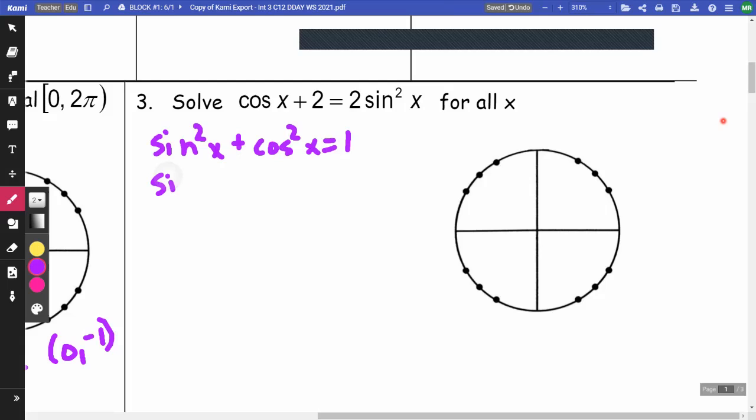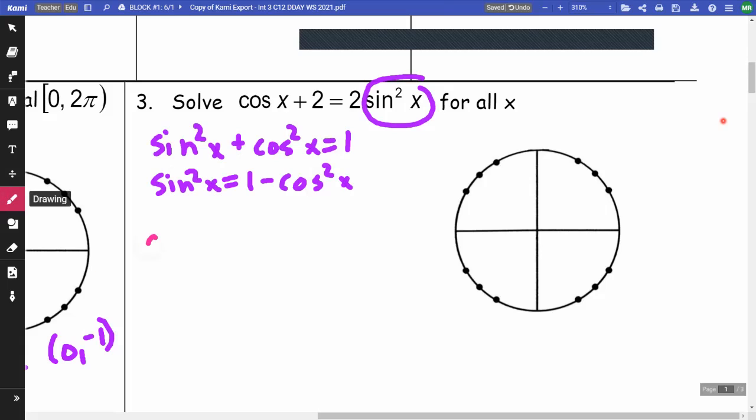And in particular, sine squared x is equal to 1 minus cosine squared x. That's what I'm going to put in place of this. So I am going to have cosine x plus 2 equals 2 times 1 minus cosine squared x.